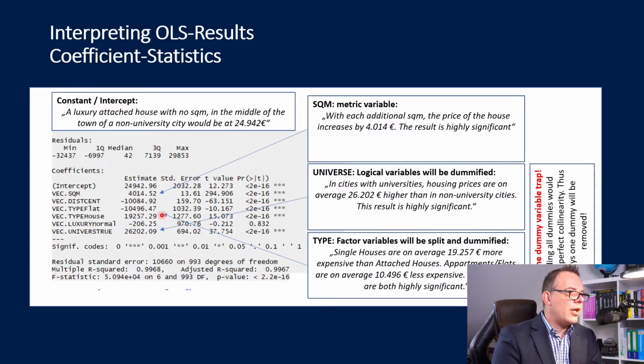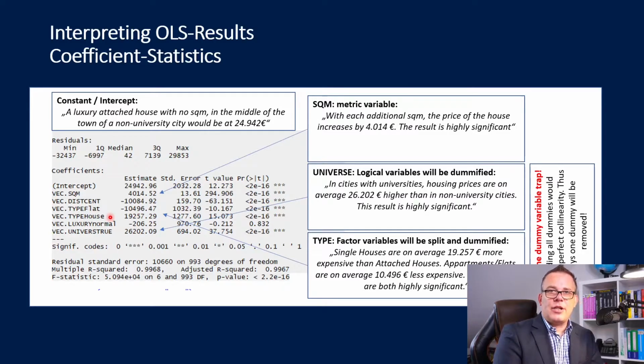Here the attached houses have been removed, so we see the vector type flat, so the computer added some flat to that, and we see the vector type house, but there's no vector type attached. Although dummifying all 3 possibilities would lead to a third variable. Nevertheless, the computer skipped this variable since these 2 already give the full information. And this is what we call the dummy variable trap. So if you add in redundant dummy variables, the computer will remove one of them.